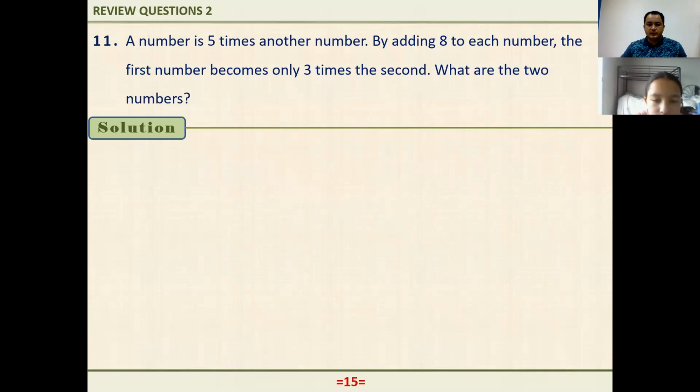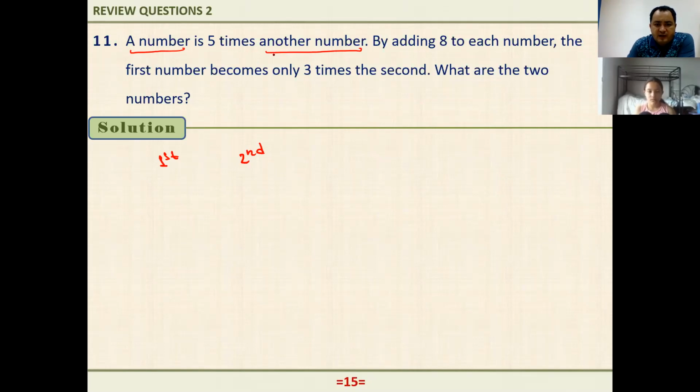Okay. So a number, right? Do we know this number? No. We don't know. It is 5 times another number, right? So we are talking about two numbers. Here we have the first number, and here we have the second number. It doesn't matter actually which I denote by X, the first number or the second number. So let me just use X for the smaller number.